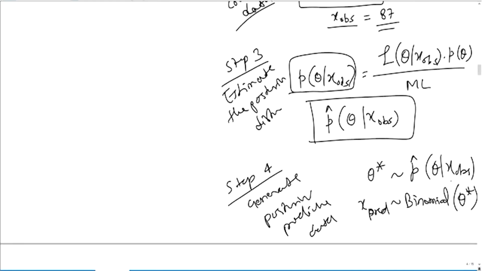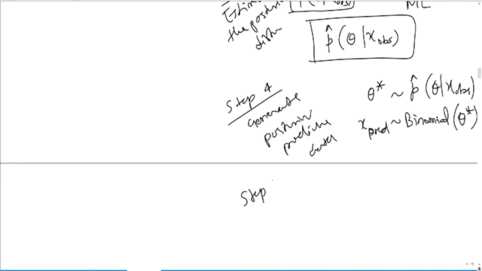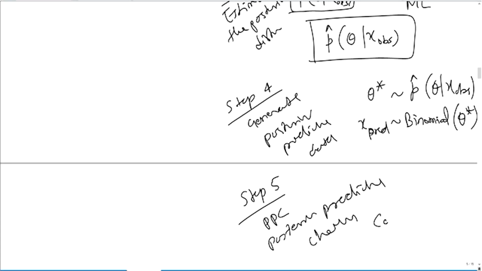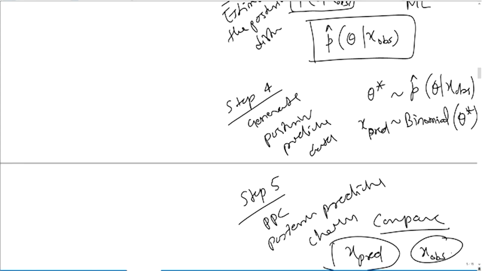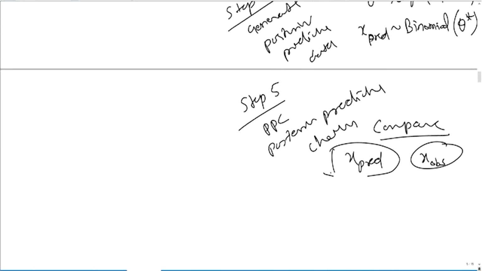So, this is how we generate posterior predictive data. And in step 5, you can do PPC, posterior predictive checks. Okay. How do we do posterior predictive checks? You compare posterior predictive data against the observed data that you have used to train the model, and see if they look similar, if they align with each other. If they look very different, that means your likelihood assumption is unreasonable.